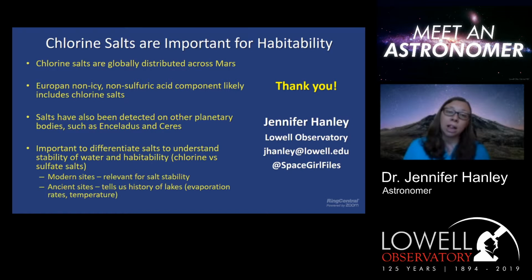If you look at the elemental abundance of our solar system, we expect sulfur to be more prevalent than chlorine, so we do expect sulfate salts to probably be more common than chlorine salts. I just think chlorine salts are a little more interesting because they extend the stability range by a larger amount.